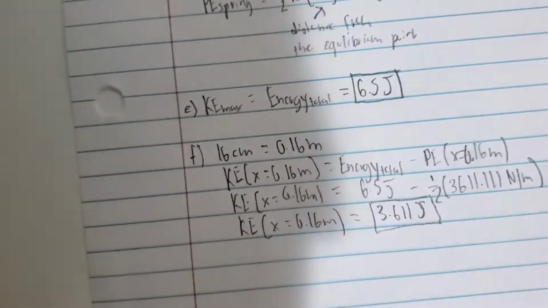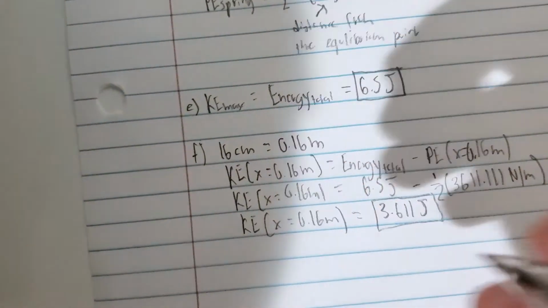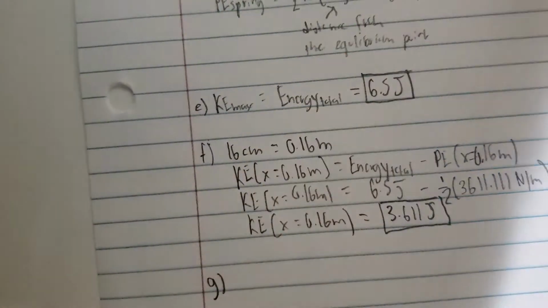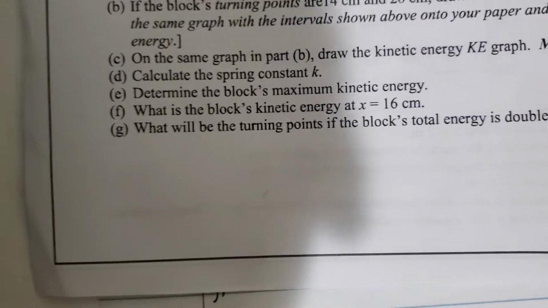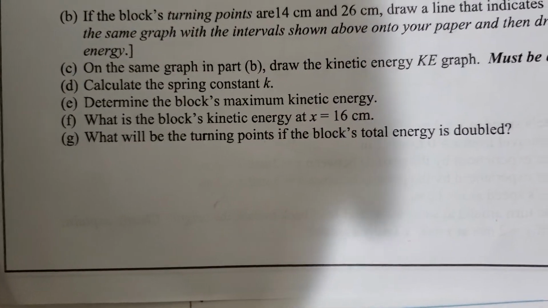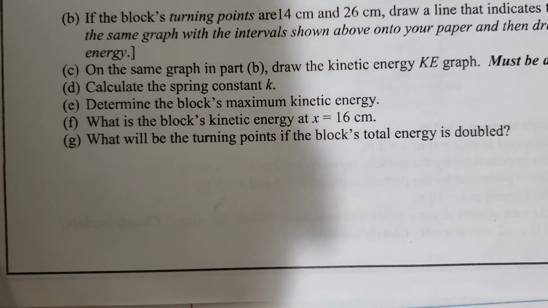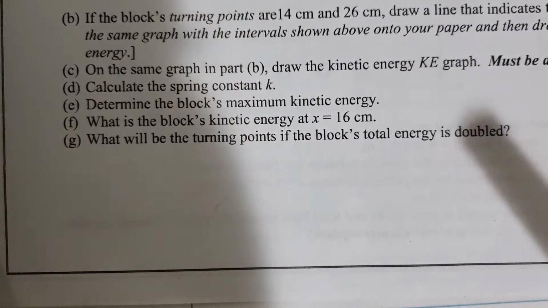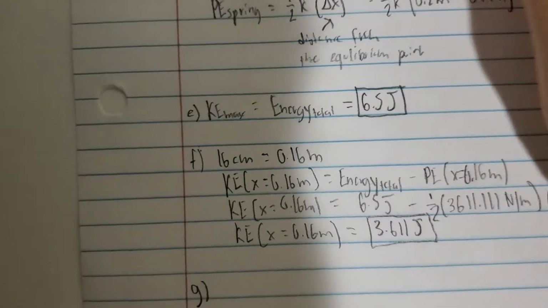Okay. Part G asks what will be the turning points if the block's total energy is doubled.